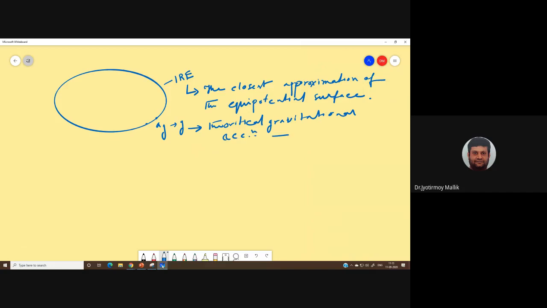Okay? And let us denote it with Gn. So anywhere I calculate, I can calculate the amount of acceleration due to gravity on this equipotential surface. Let us say this is the theoretical gravitational acceleration, and let us call it Gn.